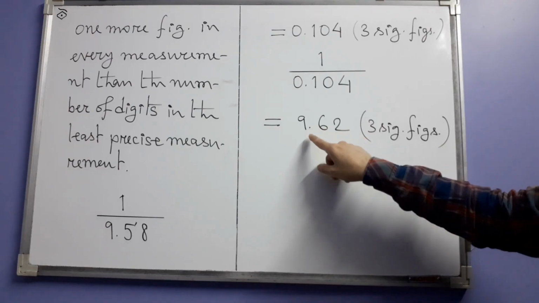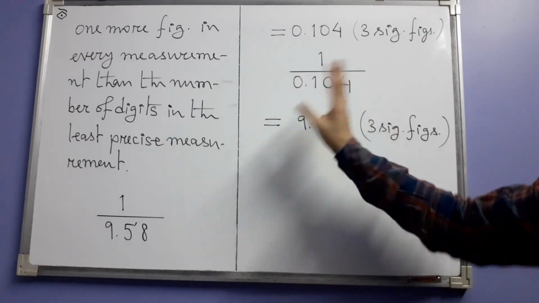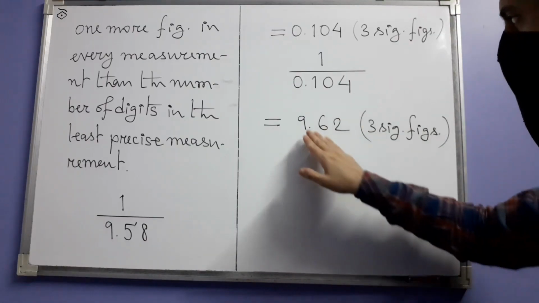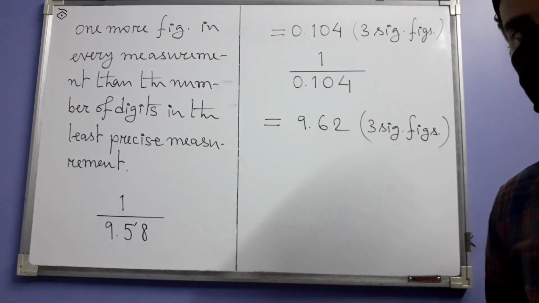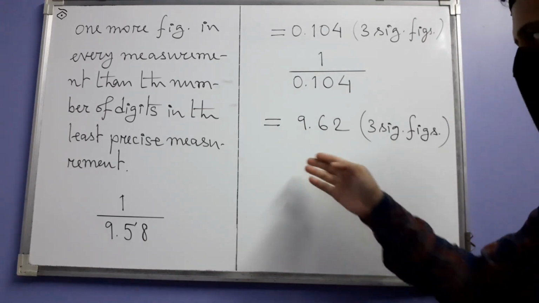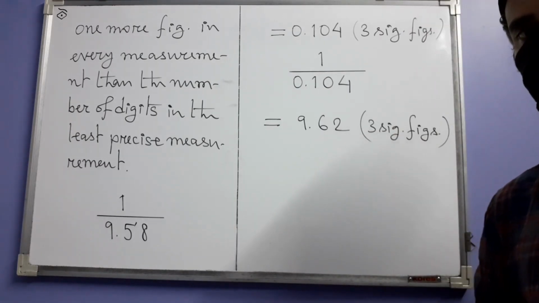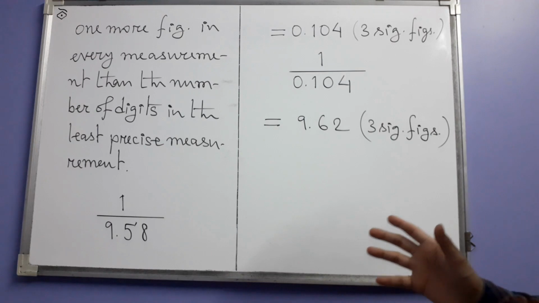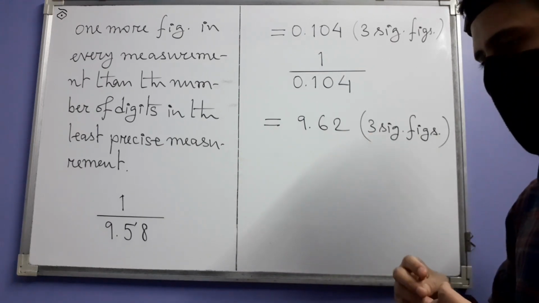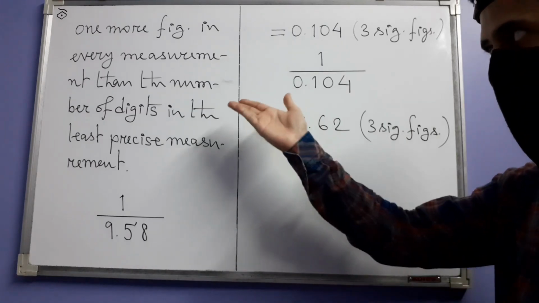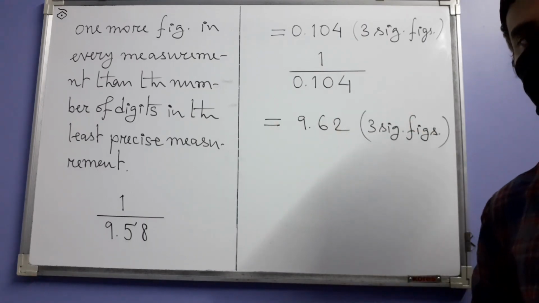We find that this time we are getting 9.62. Okay, after doing the division, after rounding off everything, we are getting this, which is not exactly this or even close to this. It's somewhat away from this number. So that type of error can happen. Physically speaking, it's a silly example, but it at least shows what the point of this advice is, that what can go wrong if this is not followed.